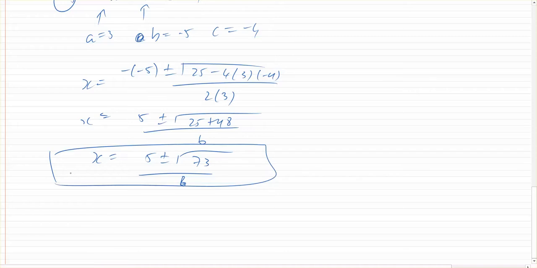That's my answer. If you could simplify the surd, you would simplify the surd and simplify the fraction, but the quadratic formula basically gives me a solution by plugging in my a, b, and c numbers.